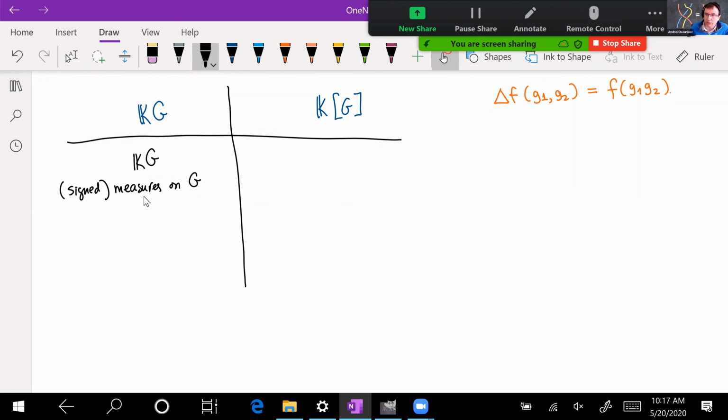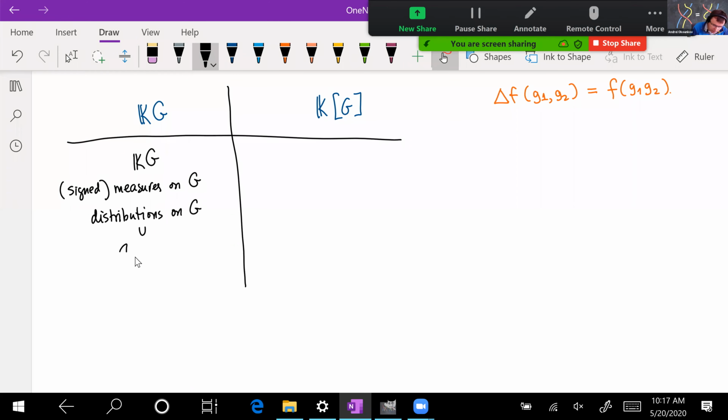Measures are defined as dual to some function space. And if you take a different function space, you will be talking about distributions on G. In particular, you can talk about distributions supported at the identity. What are the distributions supported at the identity?